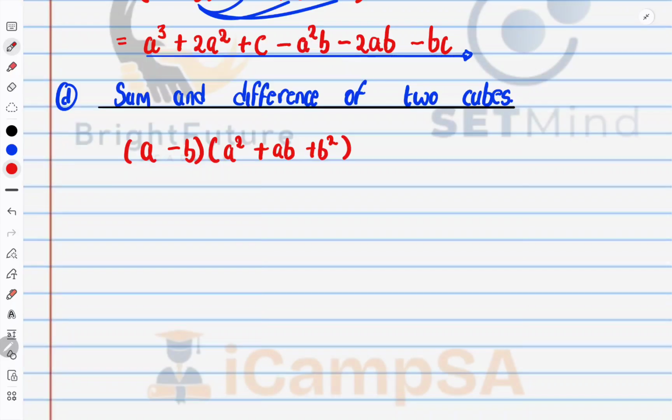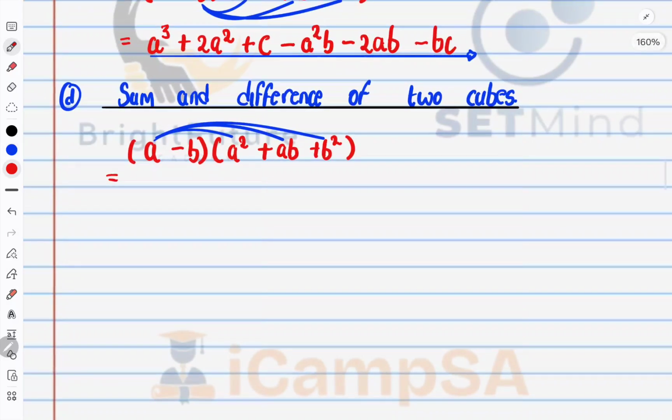We multiply the first term by each and every term of the trinomial. So a multiplied by a squared will be a cubed, plus ab multiplied by a will be a squared b, plus b squared multiplied by a will be ab squared.